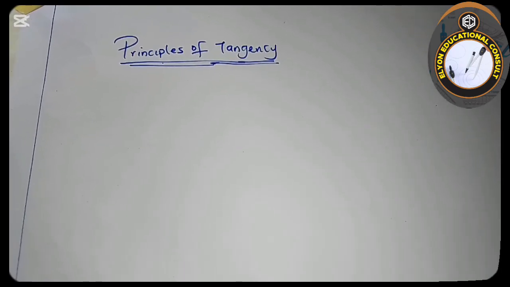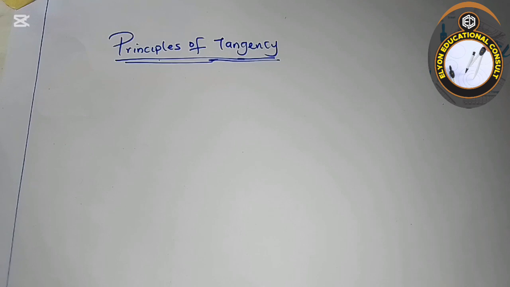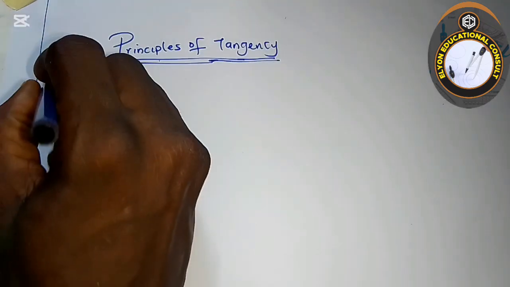In today's video I'm going to be explaining the principles of tangency in detail. There are three of such principles. So the first one is if we are to draw an arc to a straight line.